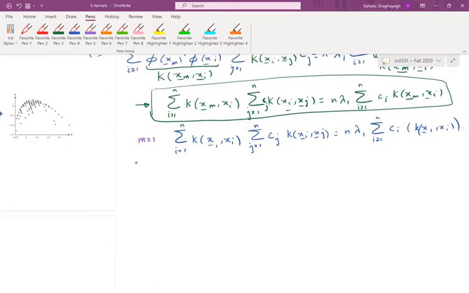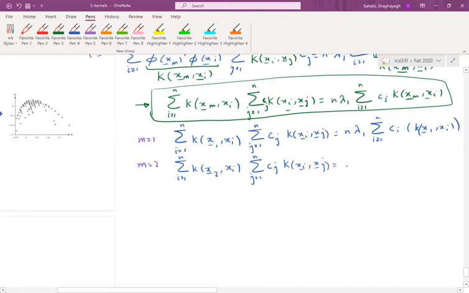If I choose m equals 2, I'm going to have another one of these: summation i equals 1 to n, k(x2, xi), sum j equals 1 to n, cj k(xi, xj), is equal to n lambda 1, summation i equals 1 to n, ci k(x2, xi), right? So I can do this until m equals n.